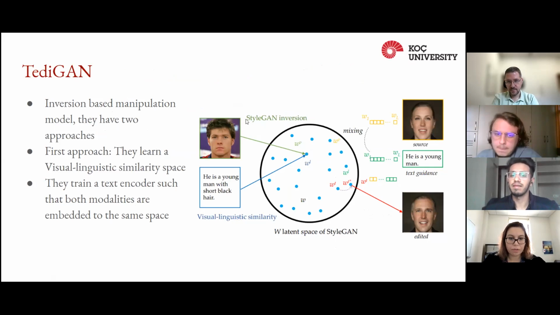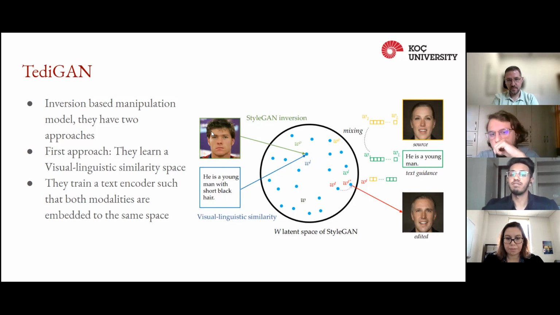First of all, they have a GAN inversion model that inverts an image to the latent space. And they have a visual linguistic similarity module that maps the text to the same space as the image space, this latent space. So both image and text are mapped to the same space.